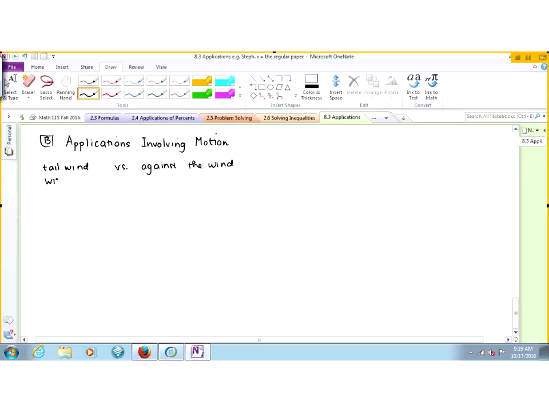And you also have, for example, with the current and against the current. If you're canoeing or boating, against the current. All right, so now what is the formula? D is equal to R times T. So distance is equal to rate times time.